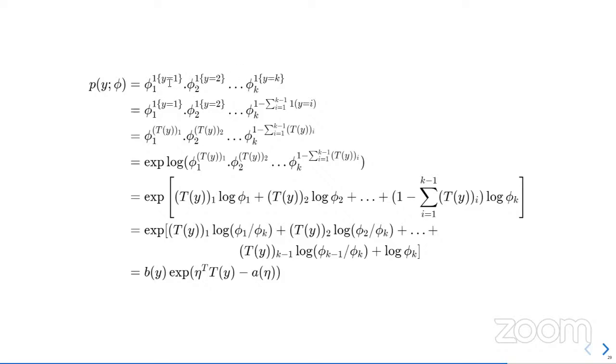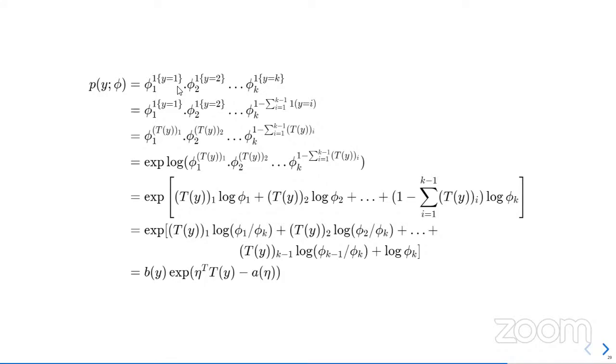If y equals 1, then all the other indicator functions give 0 and only this one gives value 1, so the probability becomes phi 1. Let's say the example comes from class 2. Then only the indicator function 1 of y equal to 2 gives value 1, and all others go to 0. So this is the probability. We have written the expression of the probabilities, the PMF, in a concrete way.